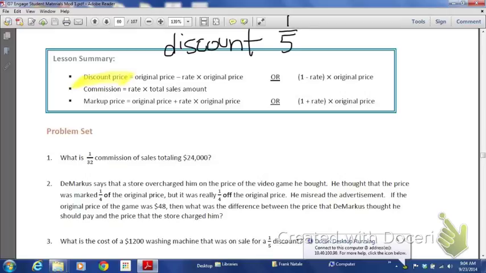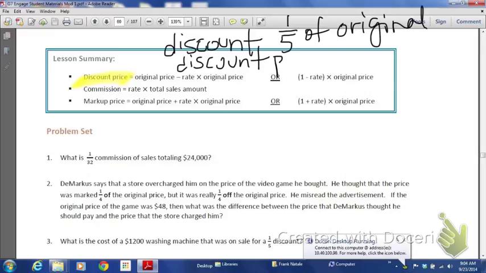So your discount would be 1/5 of whatever the original price was. Okay, now your discount price. I should put 1/5 of original. All right. Now your discount price in this case is actually going to be 4/5 of the original.